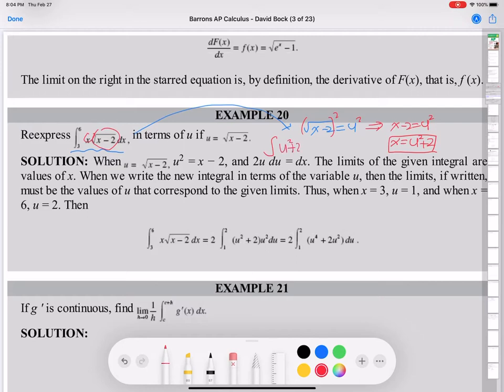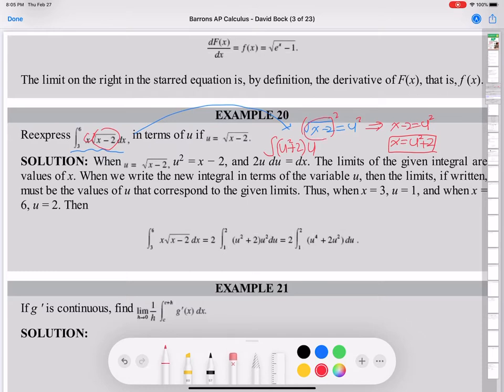Why do I do that? I change all x functions to u functions, and the square root of x minus 2 is the u part, u. You can change dx to du, right? So what is dx equal?